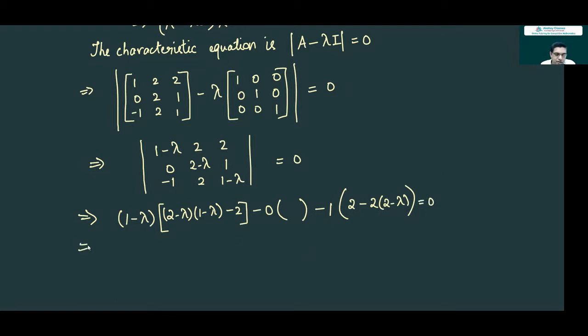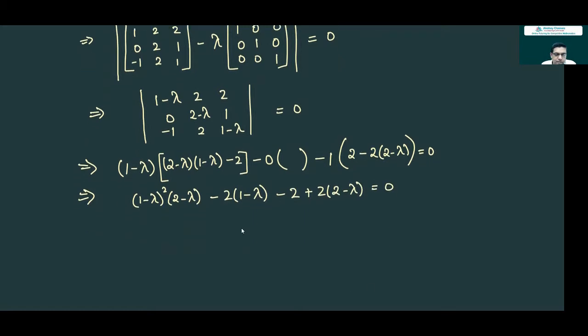So let's simplify further. We multiply this, we get 1 minus lambda the whole square into 2 minus lambda minus of 2 into 1 minus lambda, then minus 2 plus 2 into 2 minus lambda.